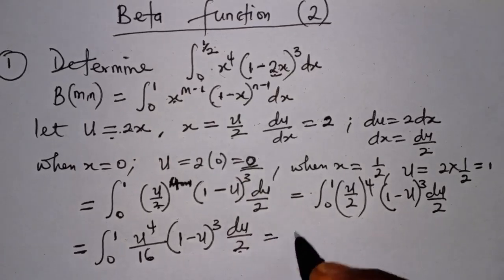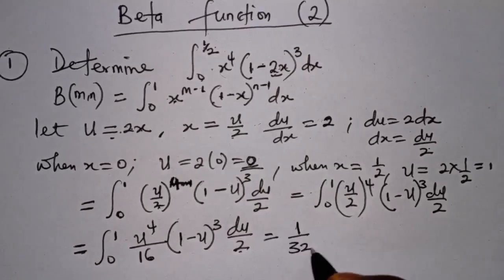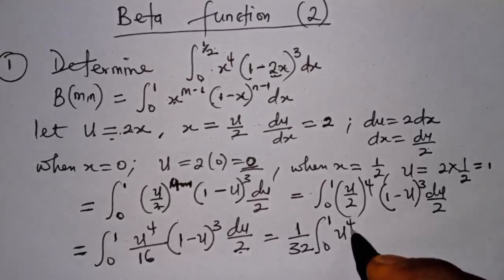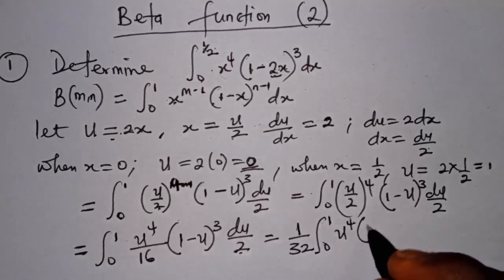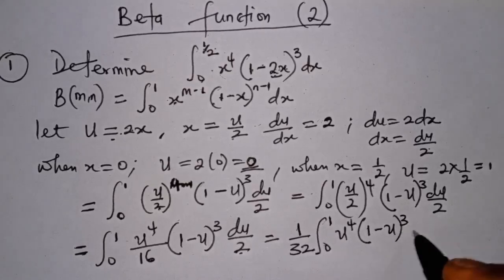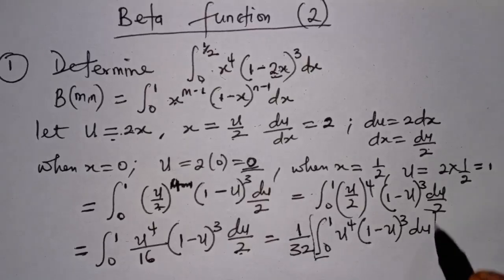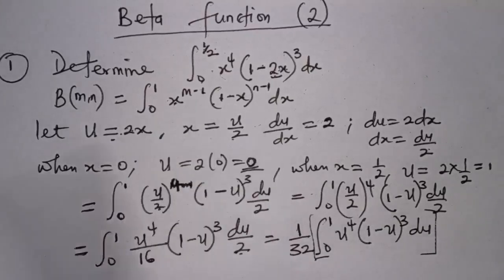So I can bring that out, 1 over 32 into the integral from 0 to 1 of u to the power of 4 into 1 minus u to the power of 3 du. So this integral is in this form.